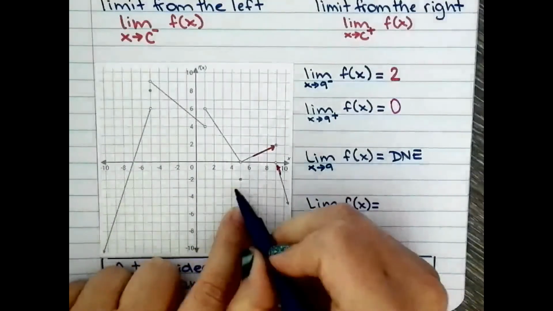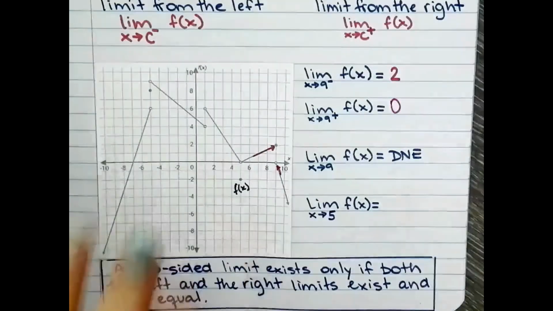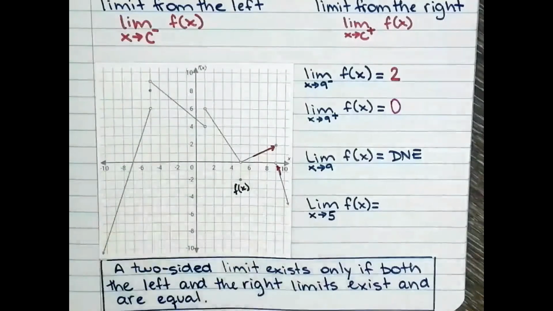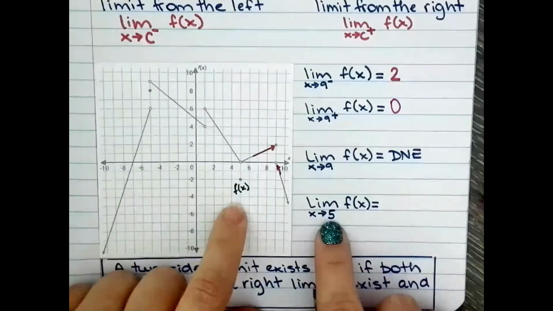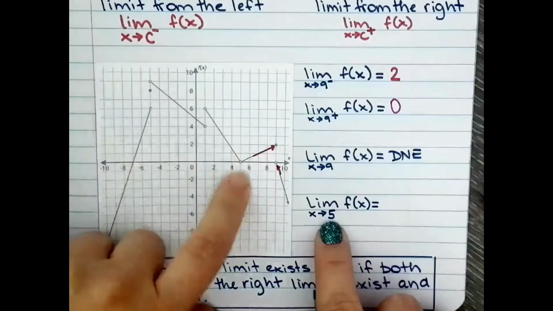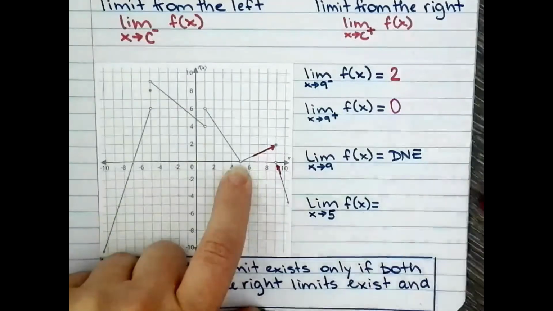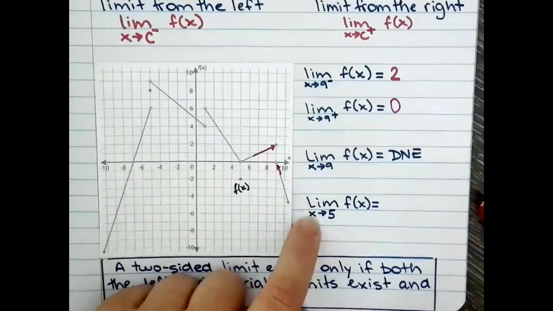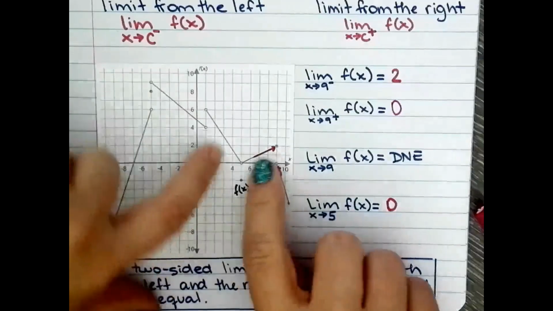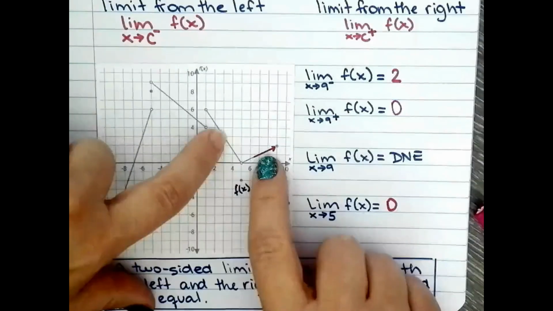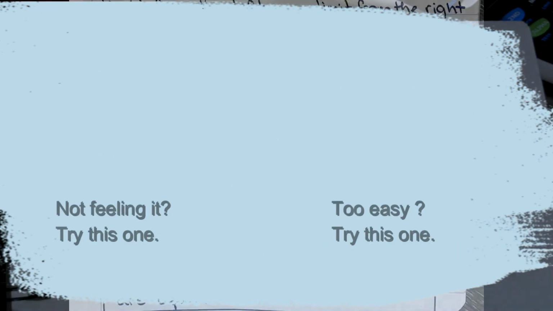This is the value of the function. Okay? This is not the limit. This is just the value of a function. Don't get carried away with that one. So the limit as x approaches 5 from the left is 0. From the right is also 0. Therefore, the limit as x approaches 5 of f of x is 0 because it's the same value approaching from both directions. I will see you next time.